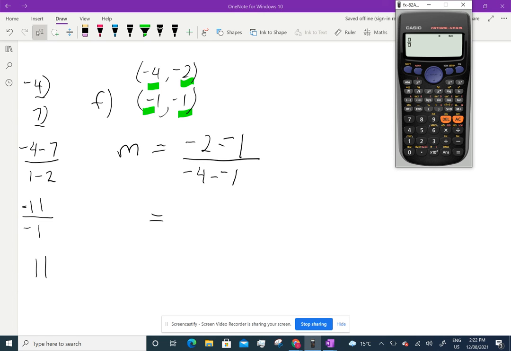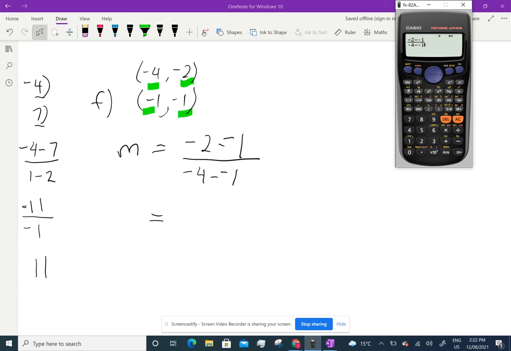You get a fraction and you go -2 minus -1. I didn't use the negative button. I'll just go back. So where's my negative sign? Negative sign slightly higher. -1 over -4 minus -1.